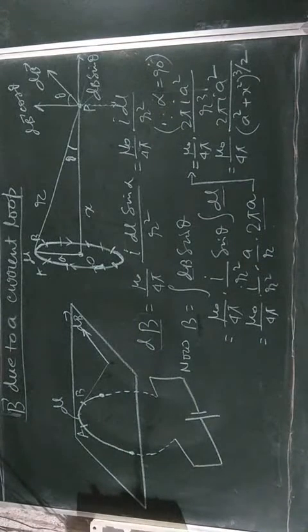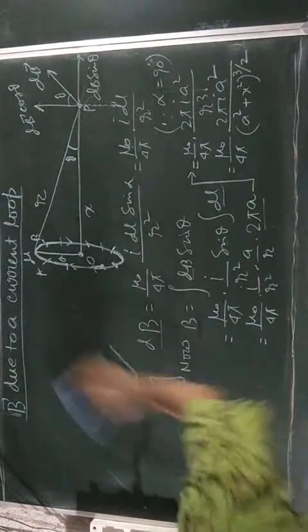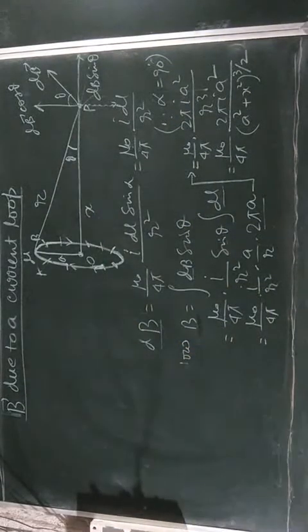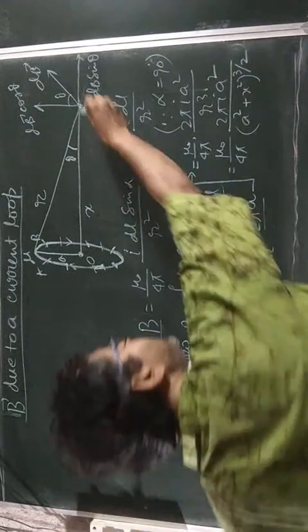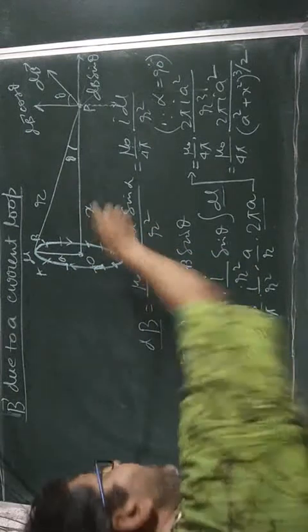Now there is an option: if we have to determine the magnetic field at the center of the coil or loop, then x is equal to 0.